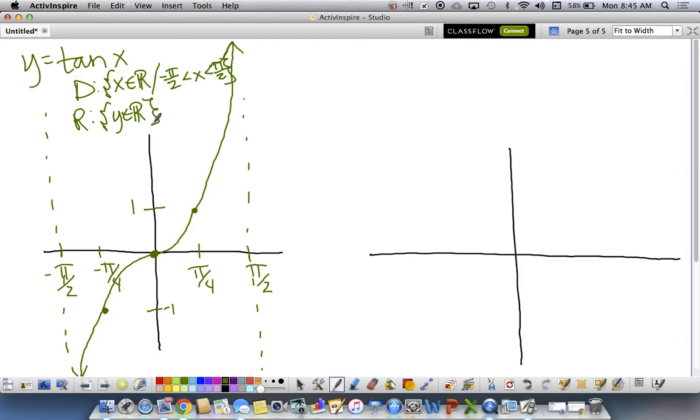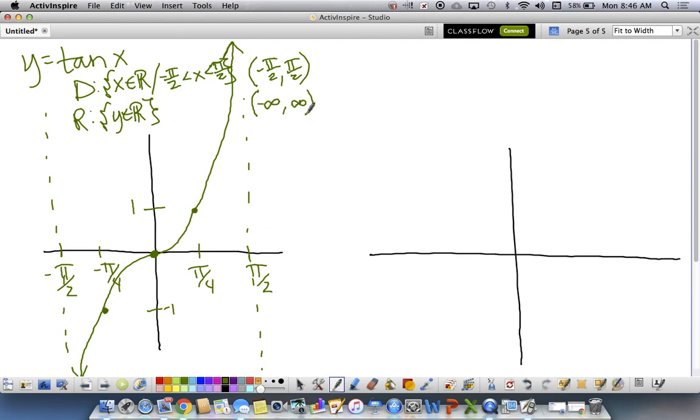What would the domain look like? It would be open parentheses negative pi over 2, comma pi over 2, close parentheses for the domain. The range would be open parentheses negative infinity, comma infinity, close parentheses.